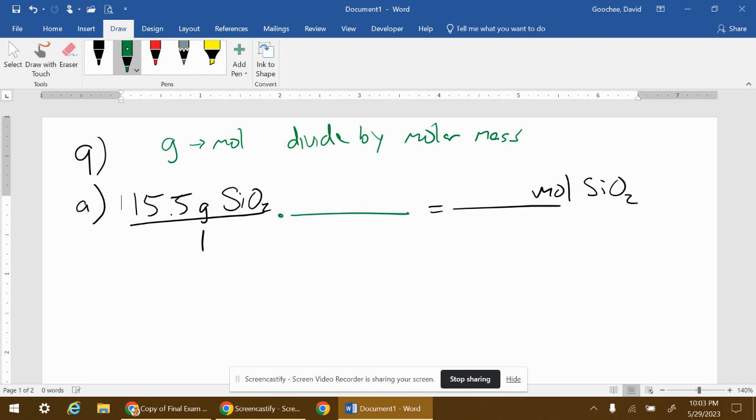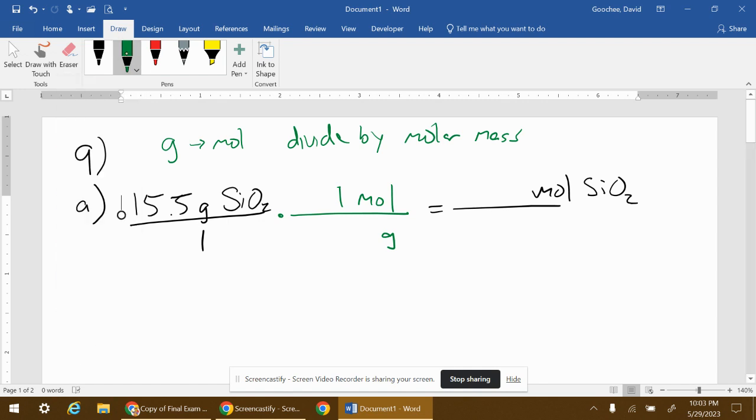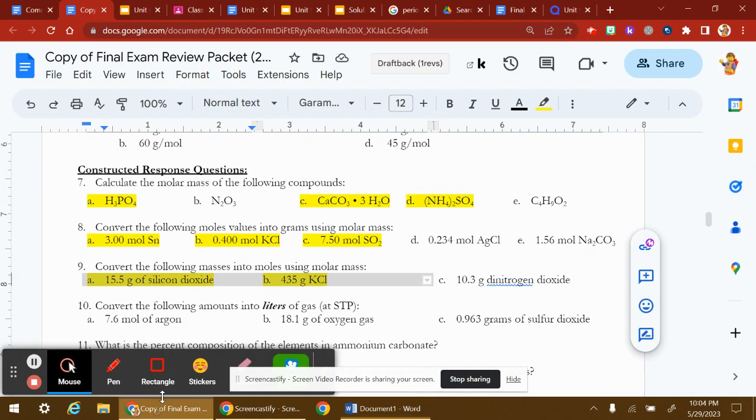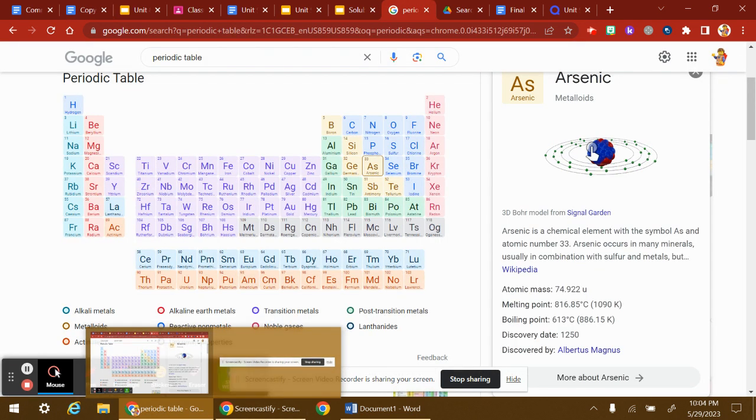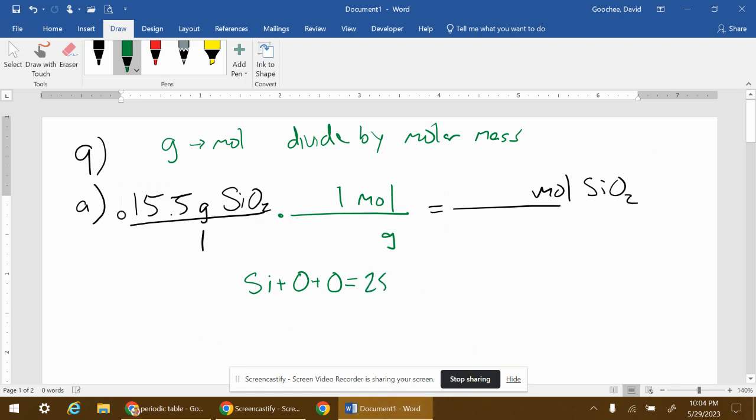So we want to get out of grams and into moles. 1 mole, and how many grams is that? Well, we've got to do a little bit of math down here. That's going to be a silicon plus an oxygen plus an oxygen. Silicon is 28.09 grams per mole plus 2 oxygens, 2 times 16.